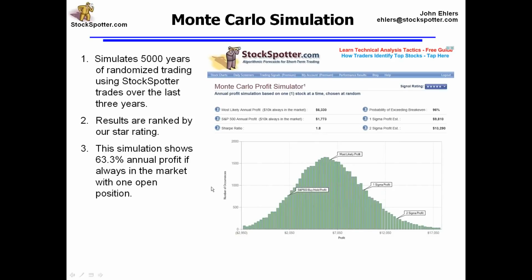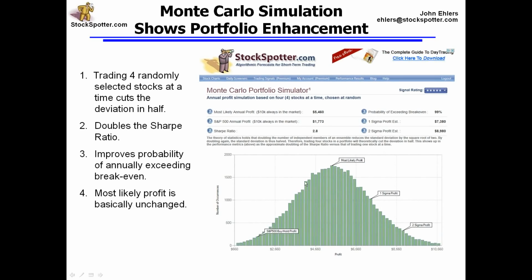And so what I'm going to show you on this next chart is exactly that. This is trading 4 randomly selected stocks from our picks at a time, and we're always in the market. This is a statistic. The old number was 63.3%, so this is a random number, but it's more or less the same. Note that our Sharpe ratio has just about doubled, and the scale on the bell curve has been changed, but you can tell that we've narrowed it down because now the S&P 500 buy and hold is way down on the skirt.